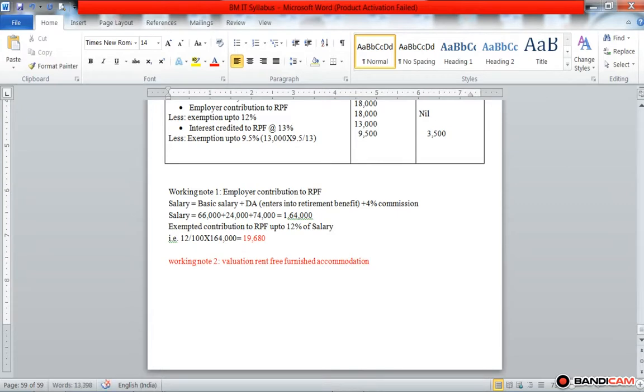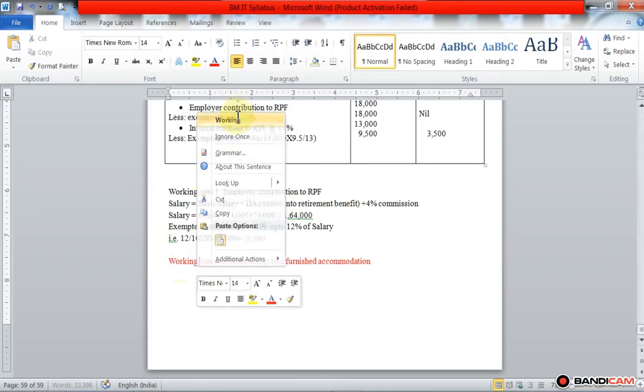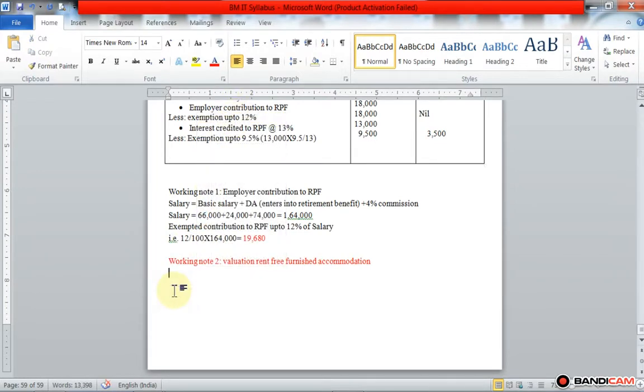The situation given is that the accommodation is not owned by the employer. According to this situation, we have to compute the rent-free accommodation.